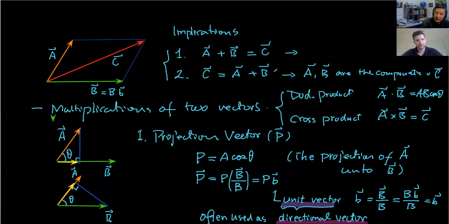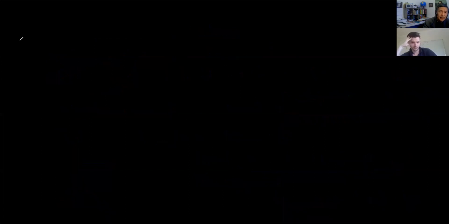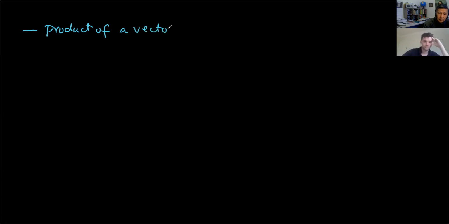That is an important thing to understand about multiplication. When we talk about the multiplication of two vectors, perhaps we have added something. This is a very important concept. When we talk about multiplication, we first have to discuss the product of a vector and a scalar.